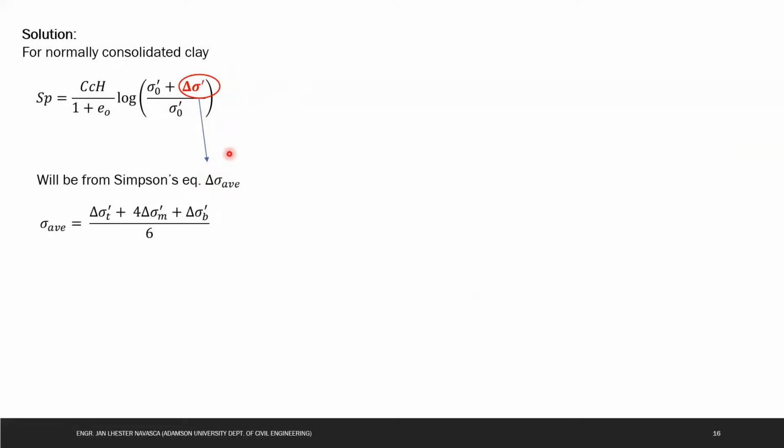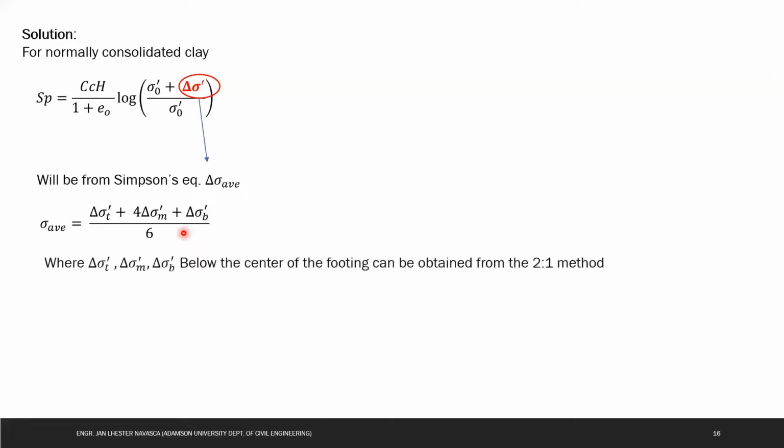For delta sigma average, you will be using Simpson's equation to approximate it. It is simply delta sigma prime at top plus 4 times delta sigma prime at middle plus delta sigma prime at bottom, divided by 6. That is your Simpson's equation for delta sigma average.